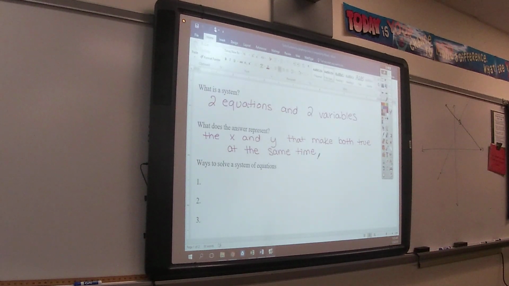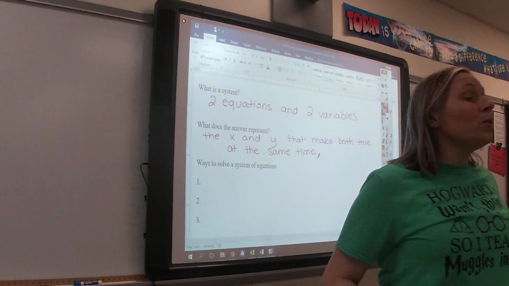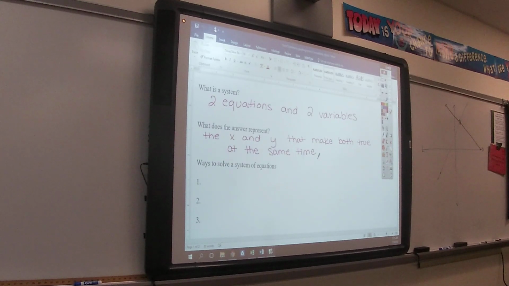The blue line has an infinite amount of ordered pairs. The black line has an infinite amount of ordered pairs. But when I need both of them to be true at the same time, that's only happening in one location. If I need to satisfy both of those rules, that only happens once.